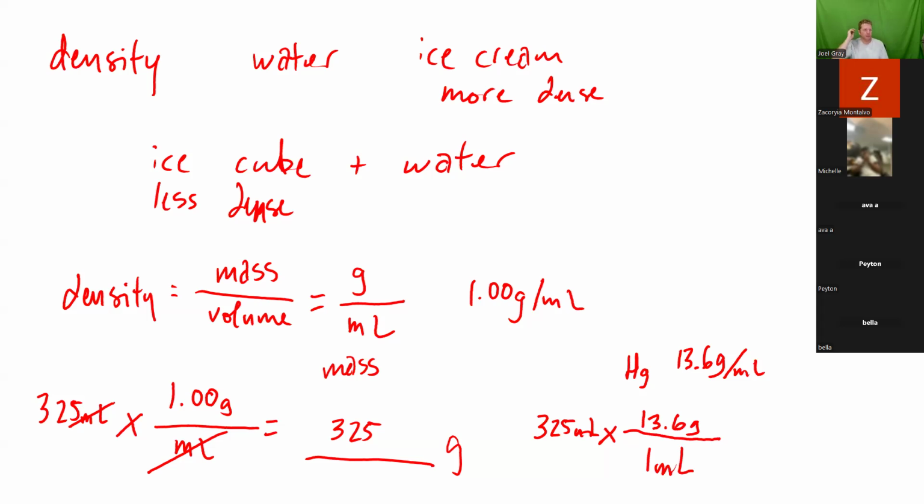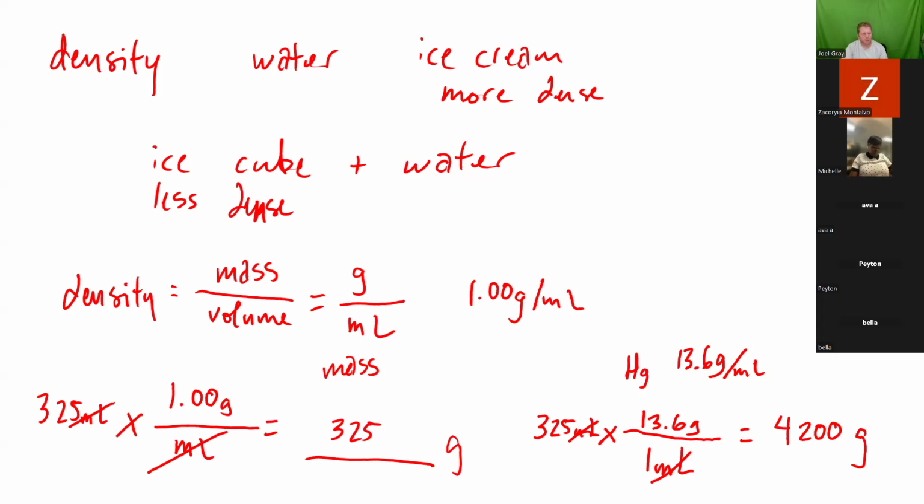I always like to think about this as, well, I've got 325 of these milliliters. Whenever I multiply, those units cancel. So it's 325 times 13.6, which by my top of my head calculation is something like 3,025 times 3, so it's like 4,200 grams.